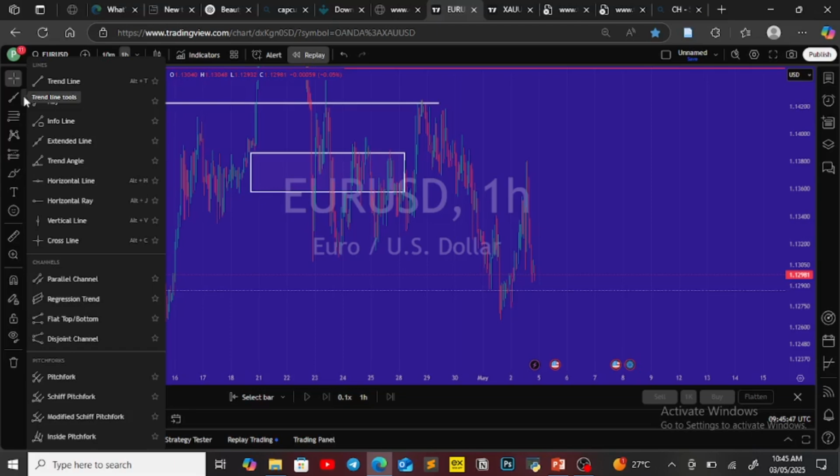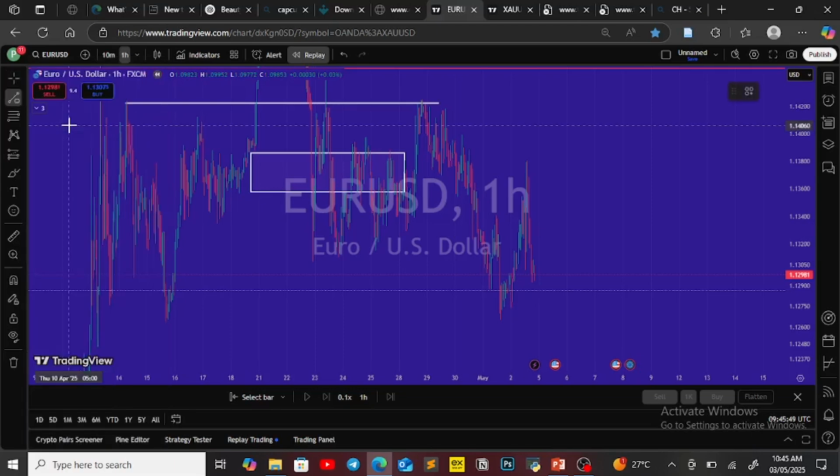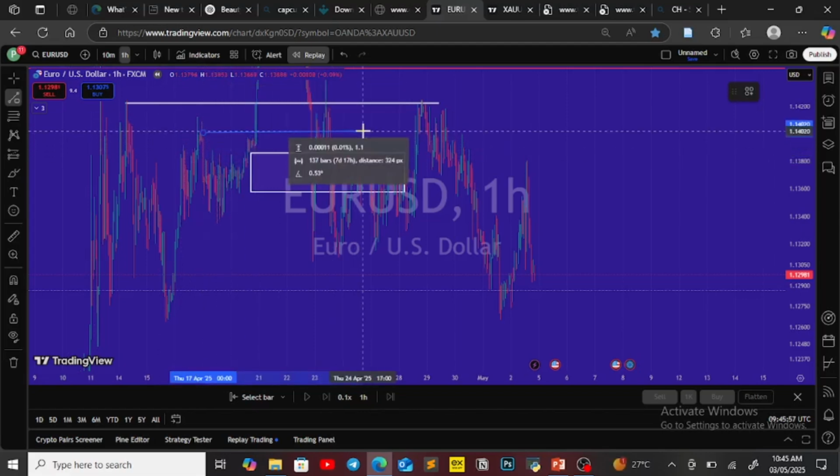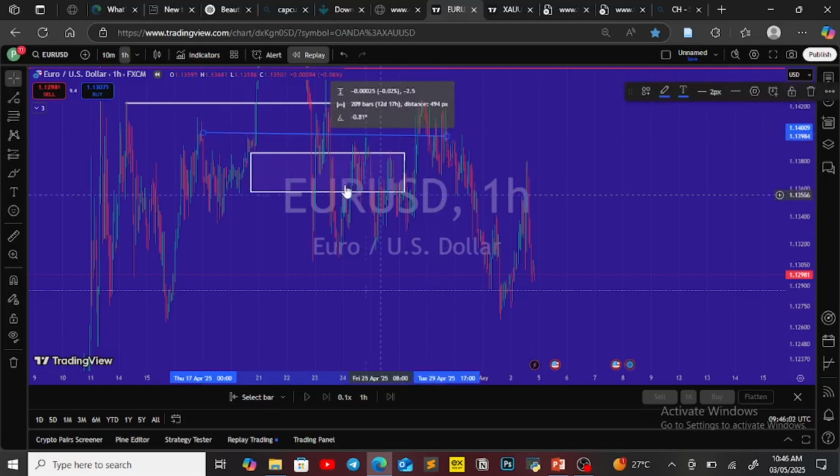Then the info line, where you're able to write some information. The difference between this and this is that this is just a simple line, while this one gives you information about the market, like the distance and some other information.